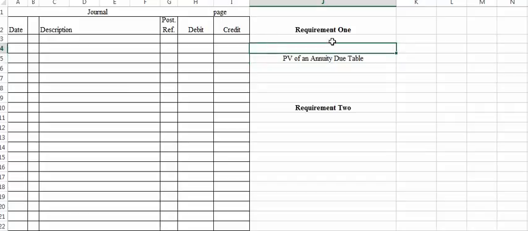Okay, and here our interest rate is equal to 10% for a year, so 5% every 6 months. And our interest payment periods, well, it's 2 per year for 3 years, so 6 interest payment periods.